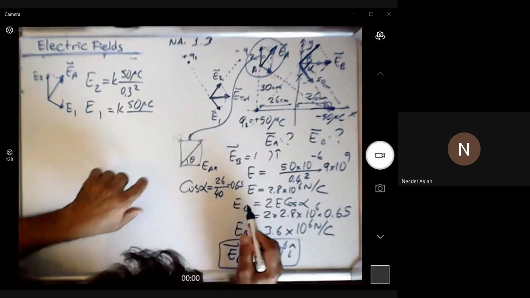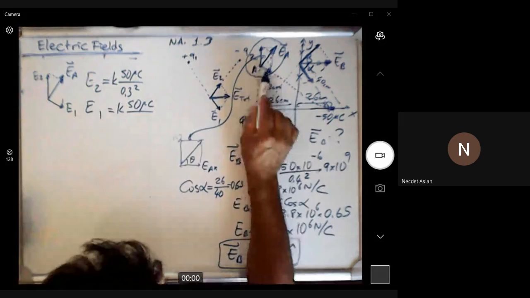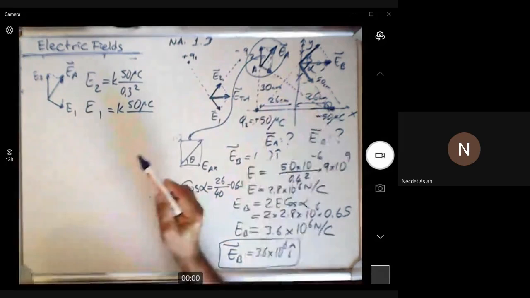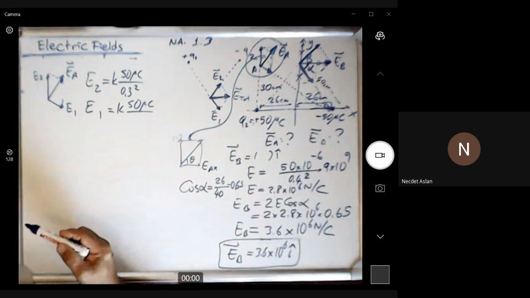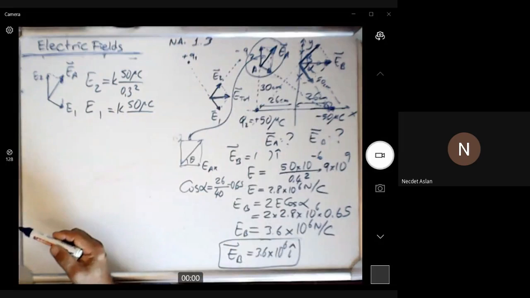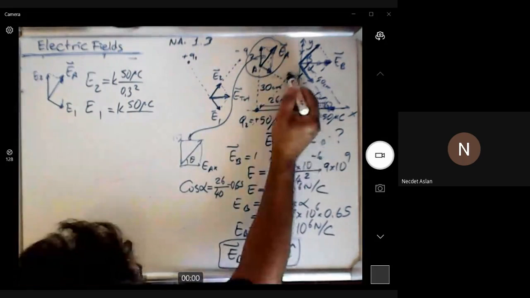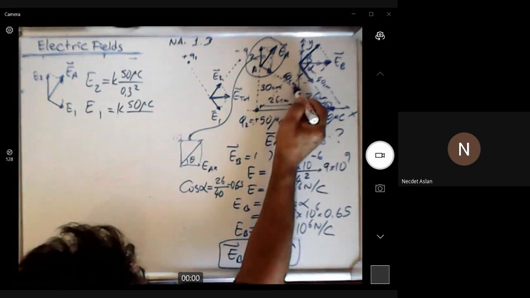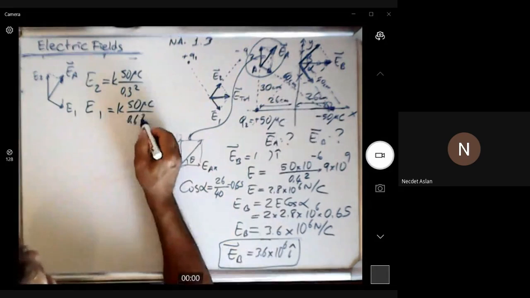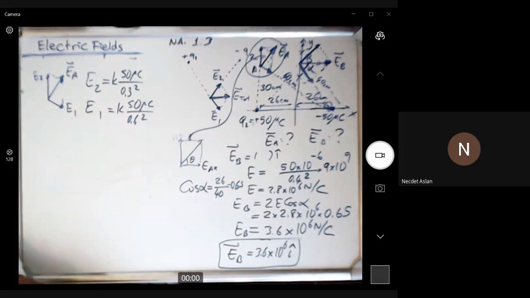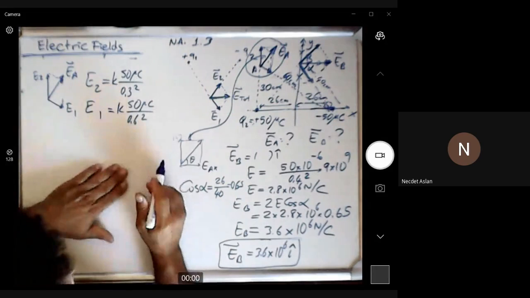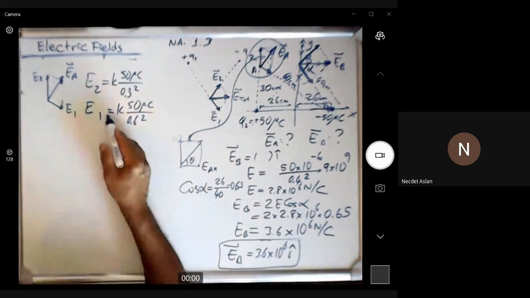The distance from this point A to this charge is 60 centimeters, so it's 0.6 squared. But this is not the electric field vector. It's just the magnitude of the electric field vector.